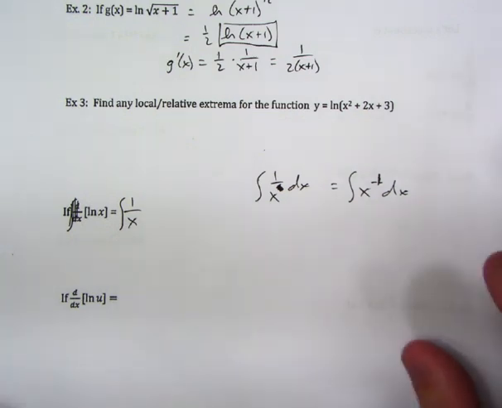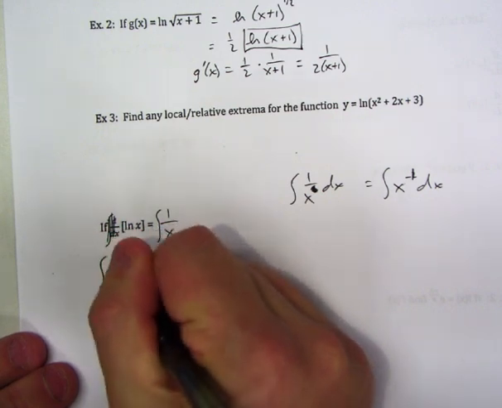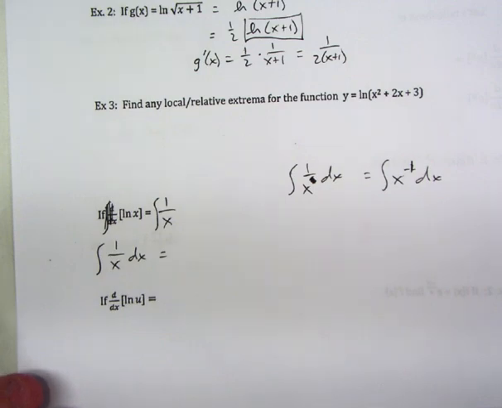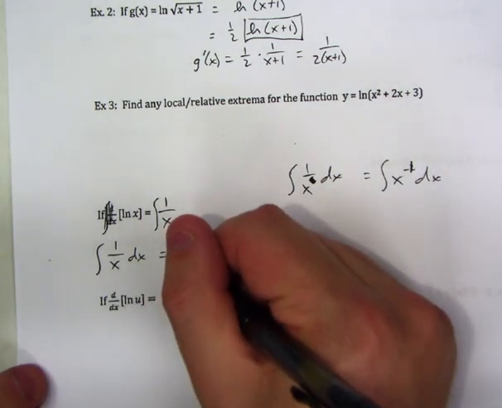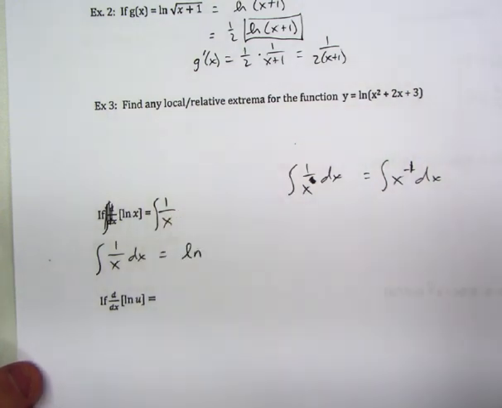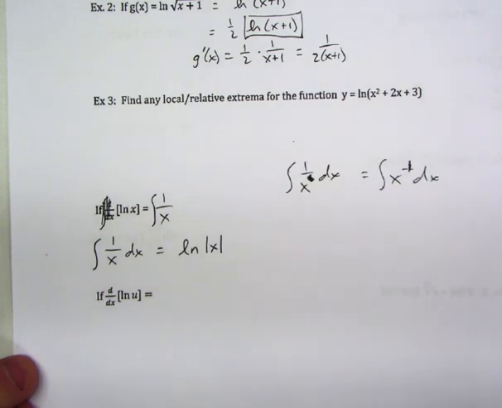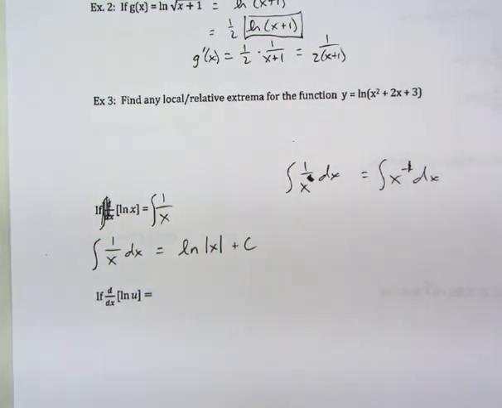Okay? So here's our rule. If we are going to integrate 1 over x with respect to x, then we can't do the power rule. This is the only one we can't do the power rule on, but we're going to get the natural log of the absolute value of x, that's something you're going to have to remember, plus c. Again, here's our next rule.